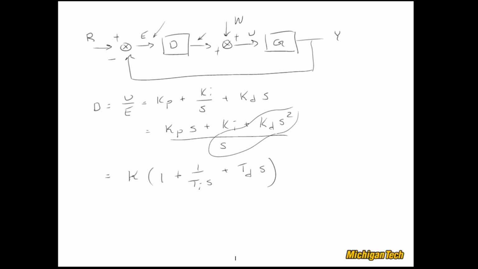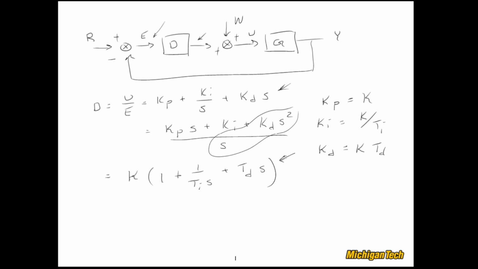Same thing, three gains, K, Ti, and Td, and we can relate the gains in this form of the PID controller to this form just by noting that Kp is equal to K, Ki is equal to K over Ti, and Kd is equal to K times Td.